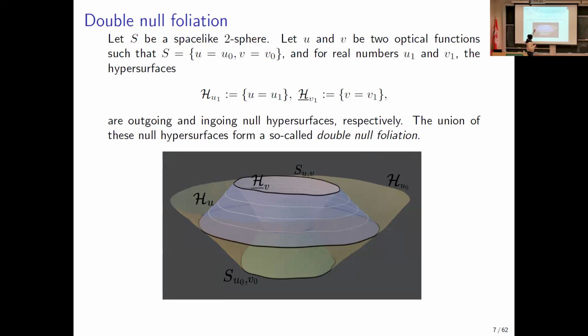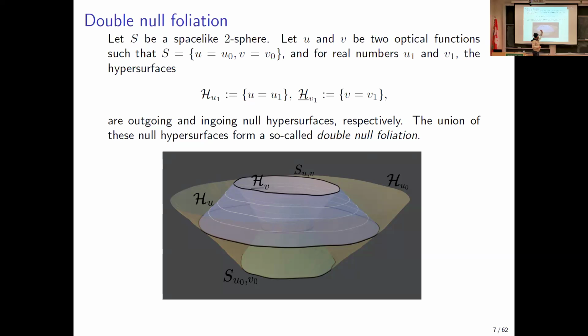It's actually very easy. What you do is you consider a 1-parameter family of such outgoing null hypersurfaces. This family is given by the level sets of some function, and you want each level set of that function to be a null hypersurface. If this is true, then your function is called an optical function.